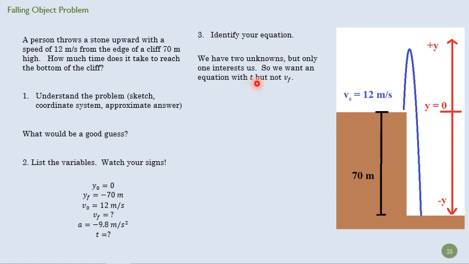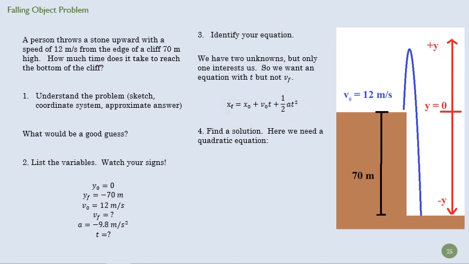So we want that equation that has t in it, but not vf in it. And in this case, that equation looks like this. No final velocity, but it's got a t. Unfortunately, it's got a t in a quadratic format, and so we're going to have to solve this as a quadratic equation, but we can handle that.